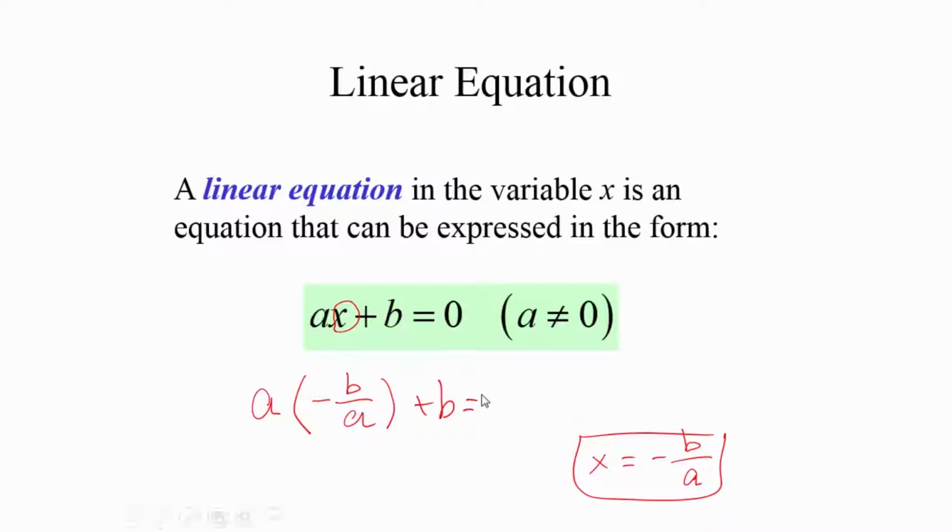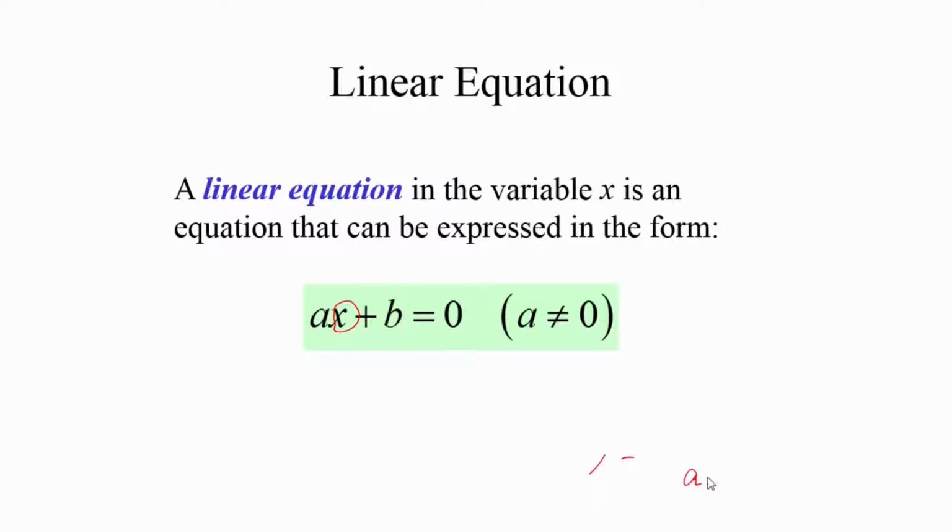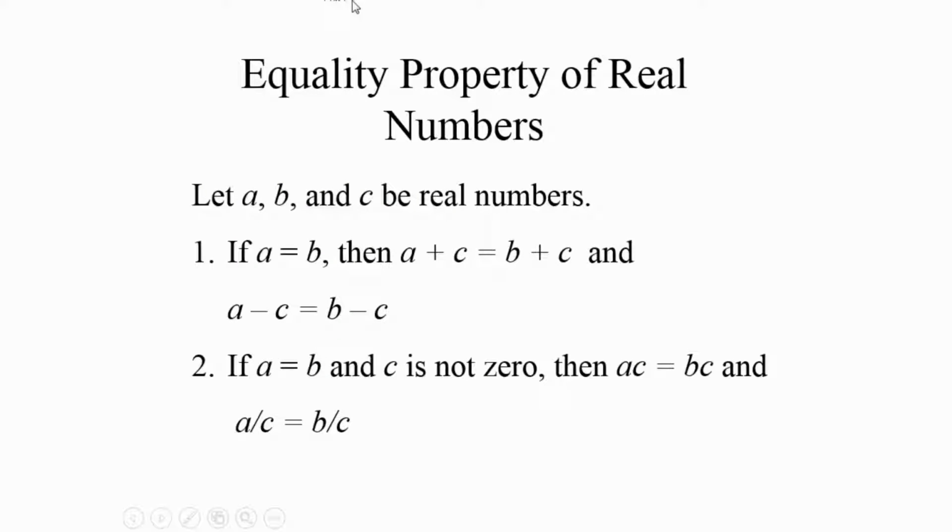We say this should be equal to 0. You can see this a and this a would cancel. Therefore, I would have minus b plus b. And minus b plus b is equal to what? They cancel each other. That would be 0. So the left-hand side is equal to 0 for this value of minus b divided by a. So it's really easy to prove by plugging back in the answer you found.